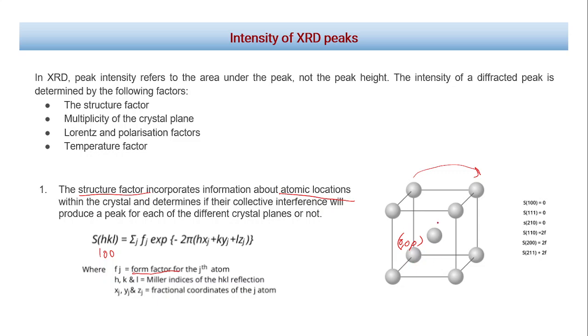There is nothing different if you take this as origin or this as origin. So we can take any point as origin, and when we take this as origin, the position of the body center becomes half, half, half, and these will be like 1, 0, 0, and so on.